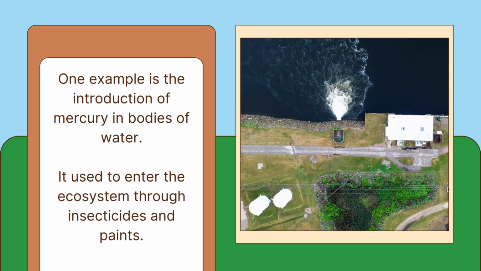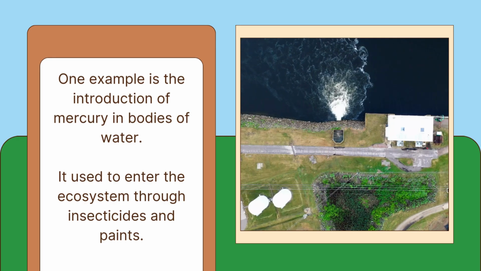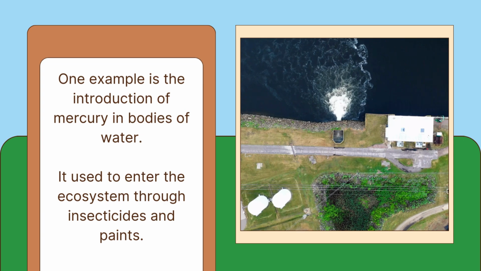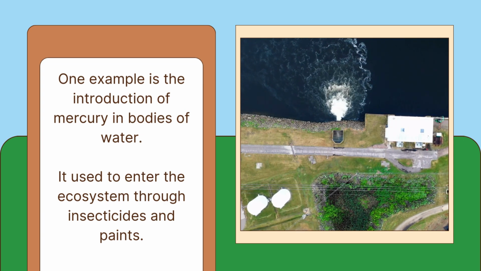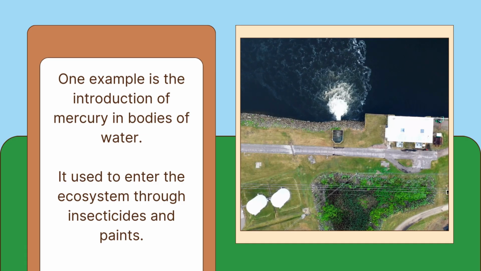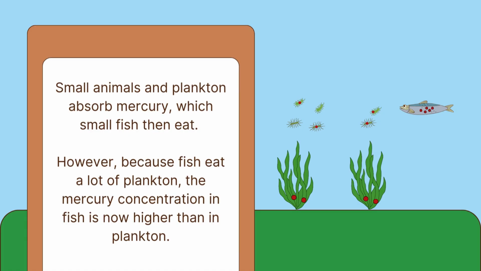It used to enter the ecosystem through insecticides and paints. Small animals and plankton absorb mercury, which small fish then eat. However, because fish eat a lot of plankton, the mercury concentration in fish is now higher than in plankton.